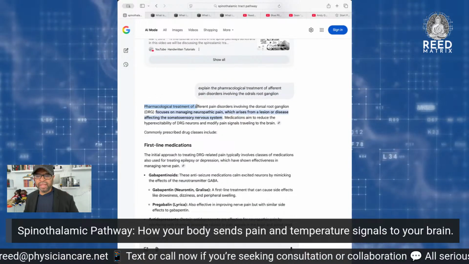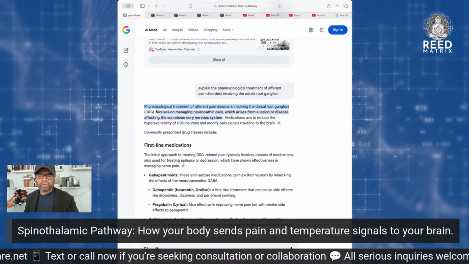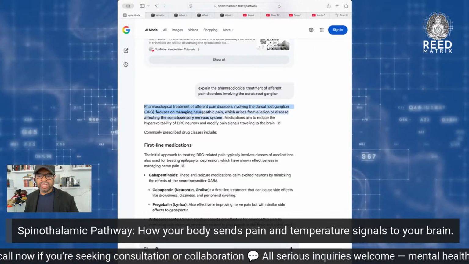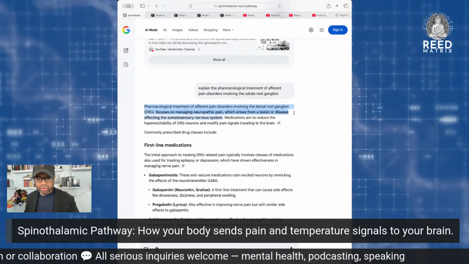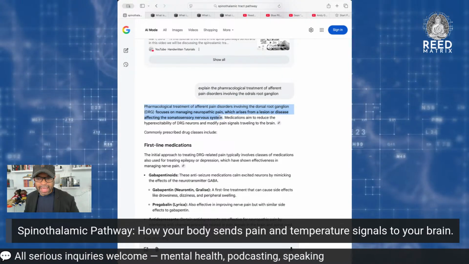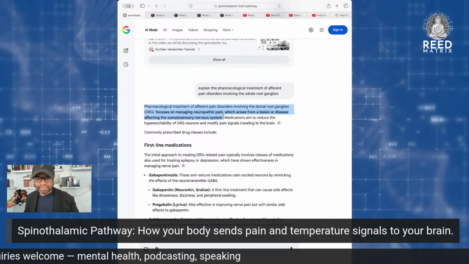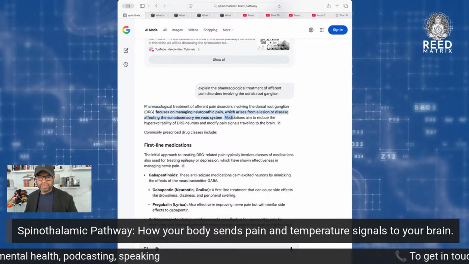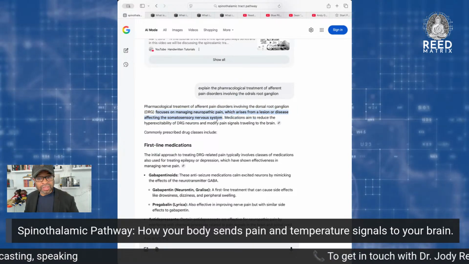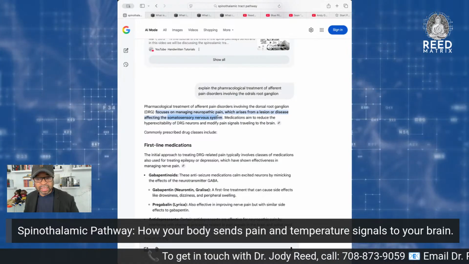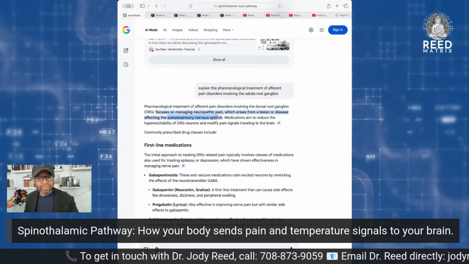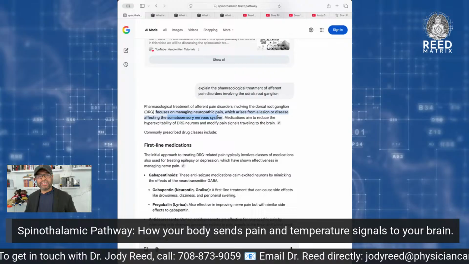Pharmacological treatment of afferent pain disorders involving the dorsal root ganglion focuses on managing neuropathic pain, which arises from a lesion or disease affecting the somatosensory nervous system. Now, this is the first time I've referred to it as a disease affecting the somatosensory nervous system.